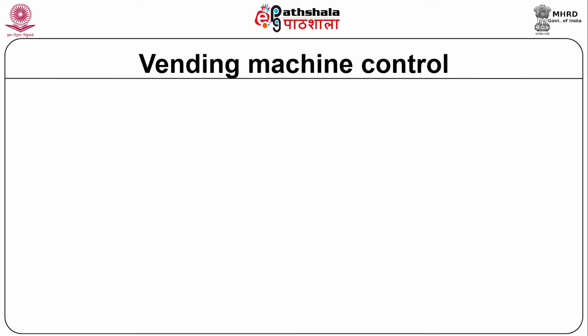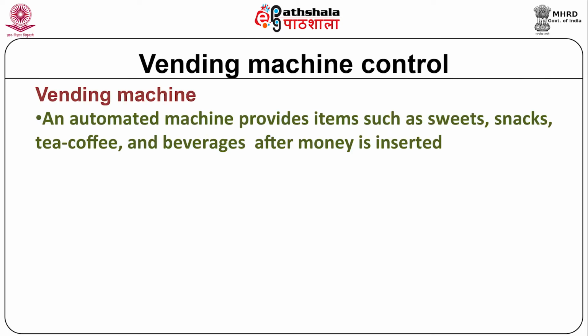Let's now talk about another case study, that is the vending machine. A vending machine is an automated machine that provides items such as sweets, snacks, tea, coffee, and beverages to consumers after money is inserted into the vending machine. It is a machine that automatically dispenses some product at the output when money is inserted into the slot.